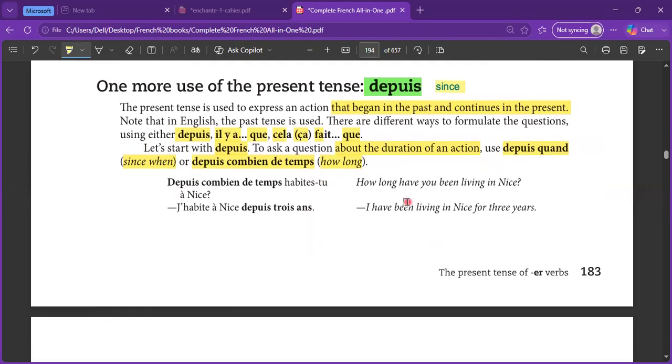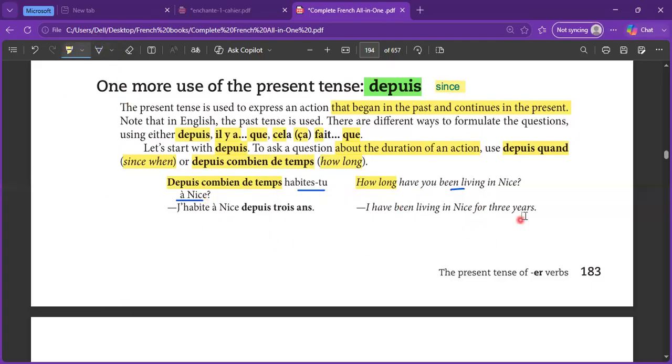Like here, how long have you been living in Nice? So for how long, we will be using depuis combien de temps. Then the rest of the question, we know how to make it. You've been living, we reverse the question, habites-tu à Nice? That's the city, okay?